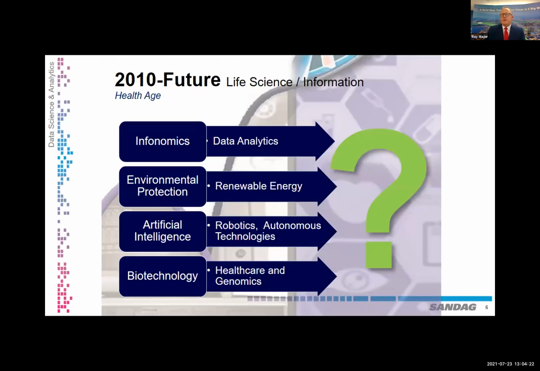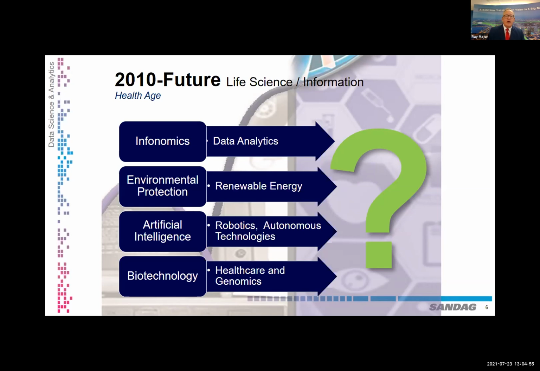So when we look at the future and what's going to happen in this next cycle, which is approximately 50 years long, about how long these cycles are, what's really going to drive the entire economy and the way that we live and work is infonomics. It's really the data analytics. It's the ability to take these massive data sets, these big data sets that you hear about, and analyze them and make use of them in decision making. It's also renewable energy, and you see that impacts us in terms of, for instance, our greenhouse gas emissions when it comes to electric vehicles.